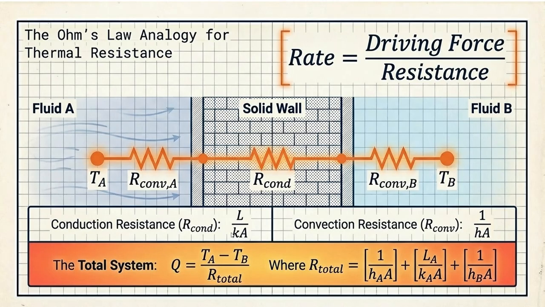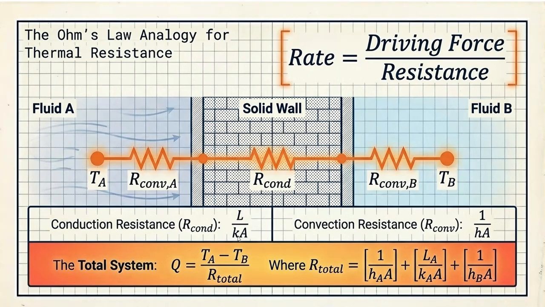So, if we use these resistances in terms of the Ohm's law analogy, we'll write L upon kA, that is the total length L of this wall, upon k. k is the thermal conductivity of this wall, and A is the cross sectional area of this wall.